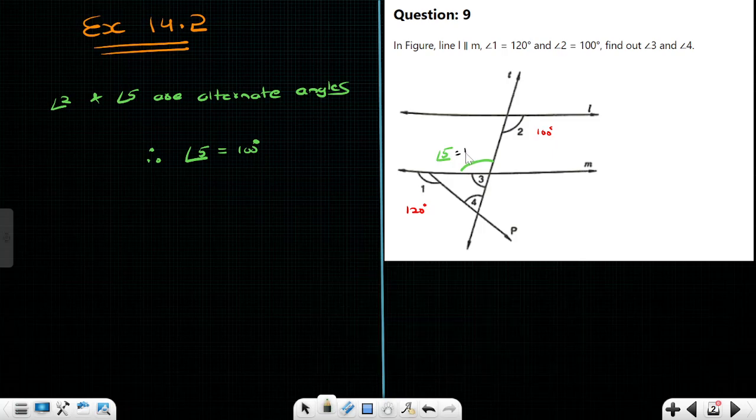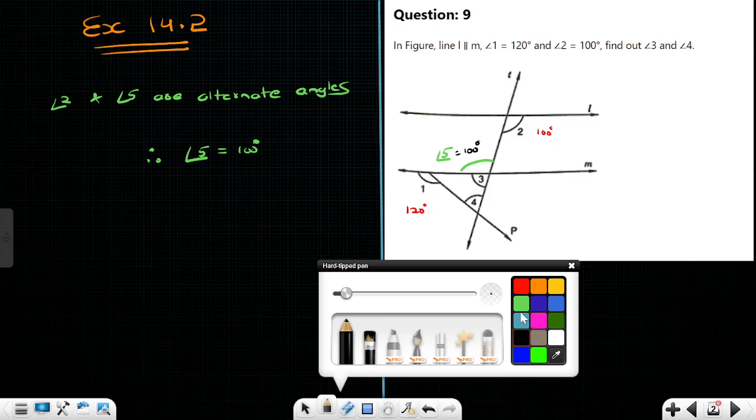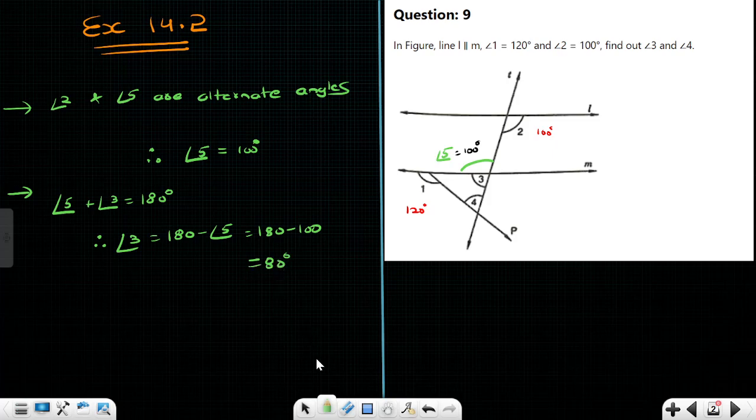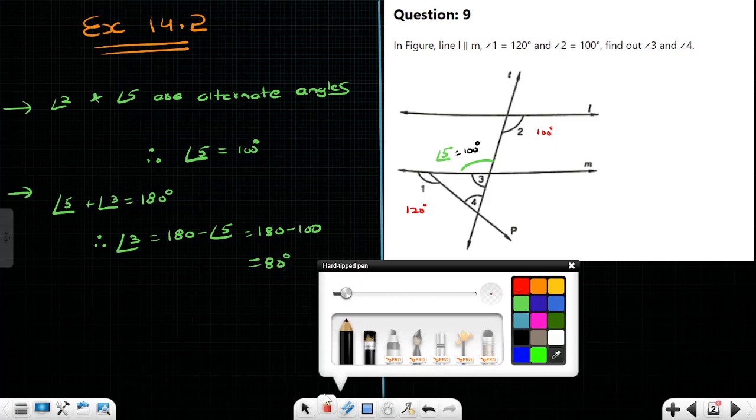Now the next step is angle 5 plus angle 3 is equal to 180 degrees because they are lying on the same line, like a linear pair. Therefore, angle 3 will become 180 minus angle 5, that is 180 minus 100, which is 80 degrees.